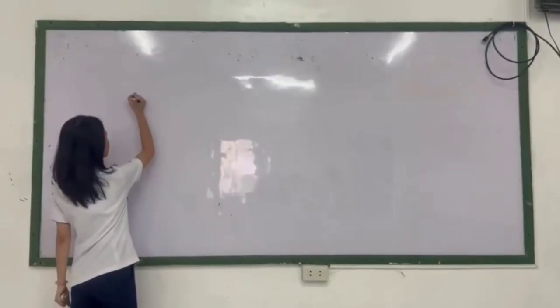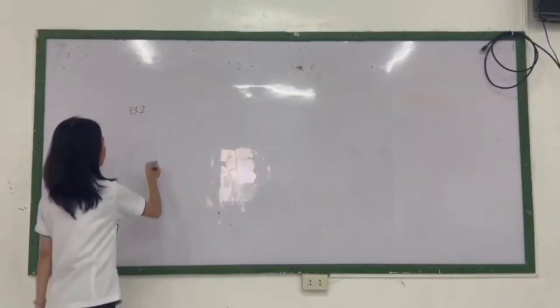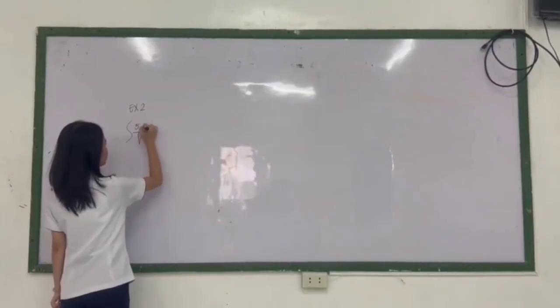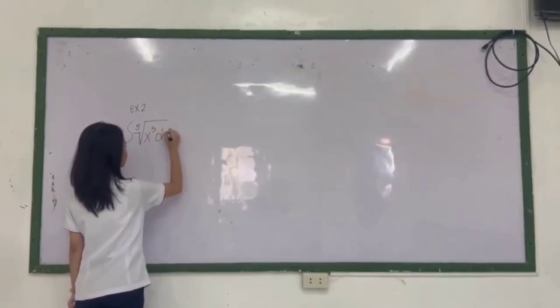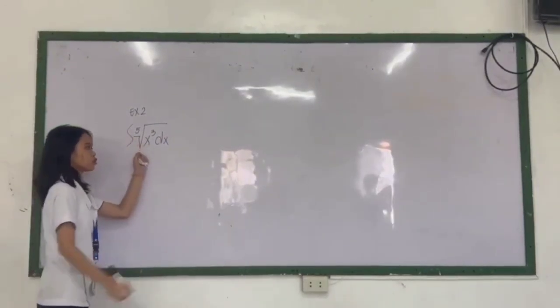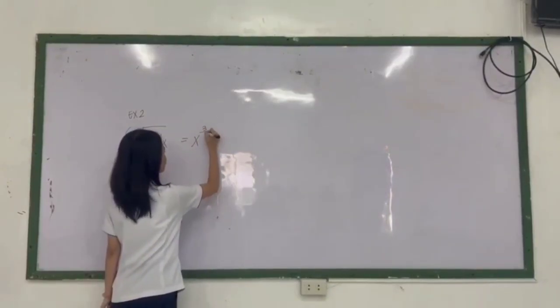Let's have our second example. Let's say we have the fifth root of x cubed dx. So first step, take 5 and turn it into the denominator: x raised to 3 over 5.